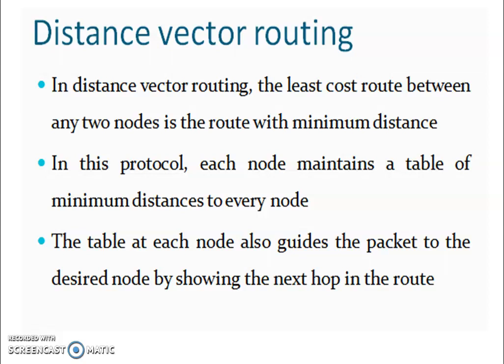The starting assumption is that each node knows the cost of the link to each of its directly connected neighbors, and a link that is down is assigned an infinite cost. To see how this algorithm works, let us consider an example.